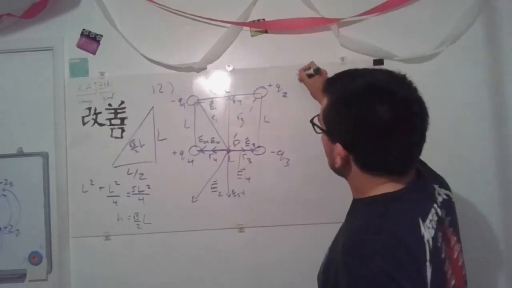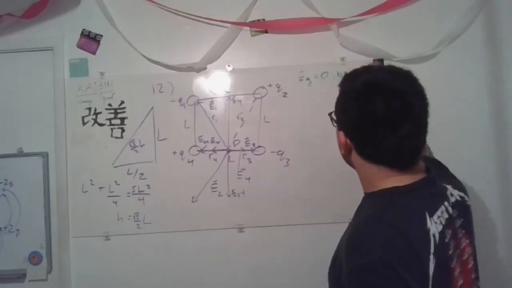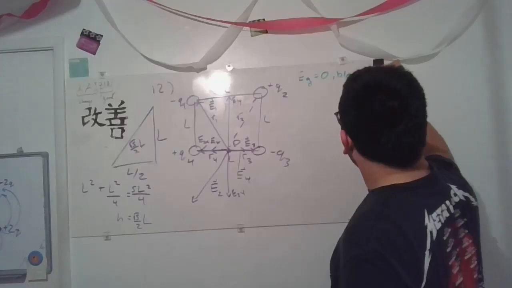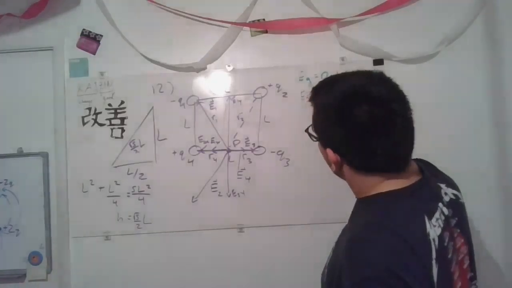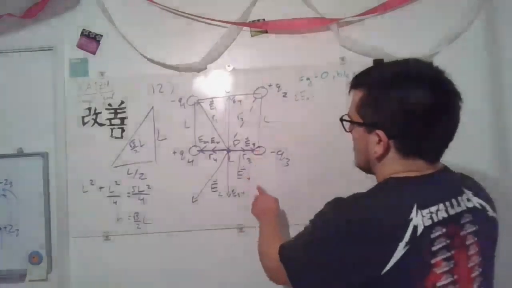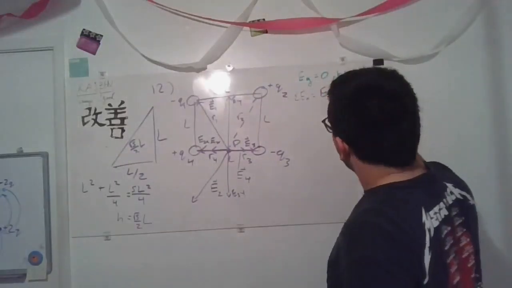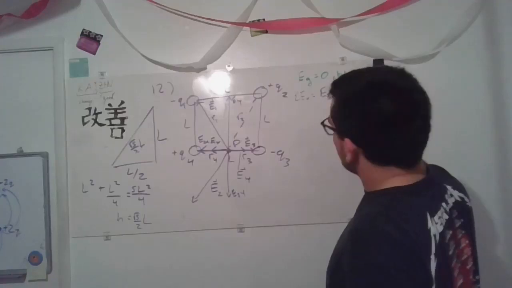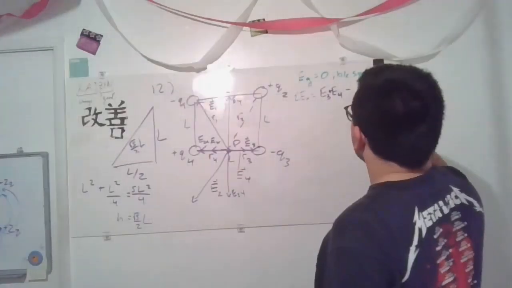And I'm just going to put EY is 0 because of symmetry. Now let's work on EX. I have E3 and E4, minus E1x and E2x, right?